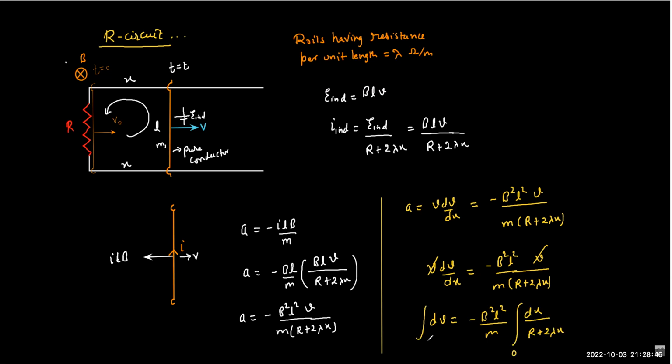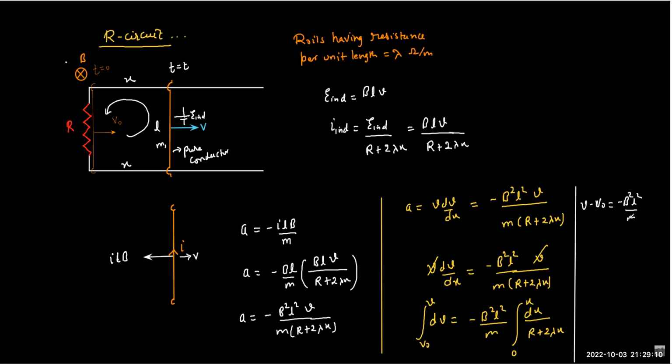So when X was 0, the velocity was V naught. So when X is X, you can write velocity as V. So this is what you are supposed to find. Find the velocity as a function of X. So V minus V naught turns out to be minus B square L square. And this will be ln R plus 2 lambda X by R upon 2 lambda.